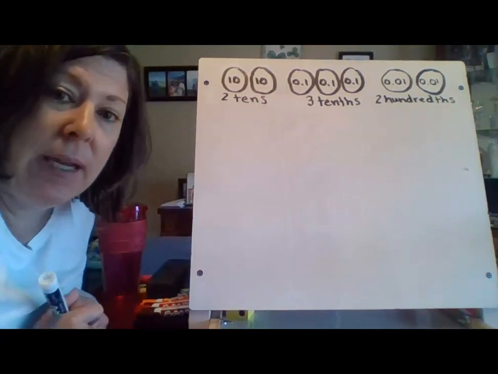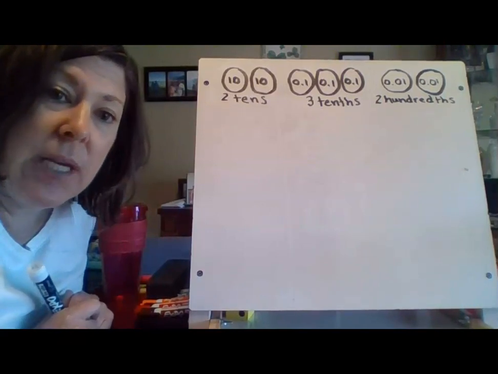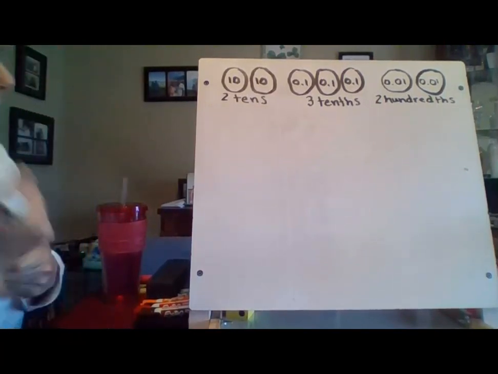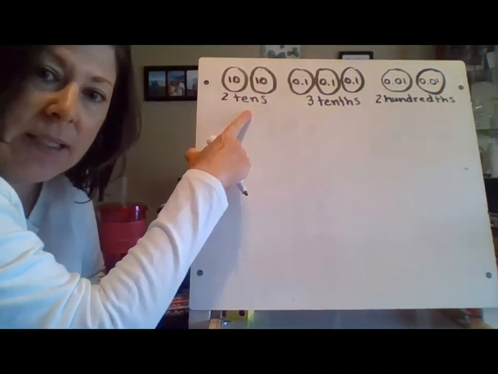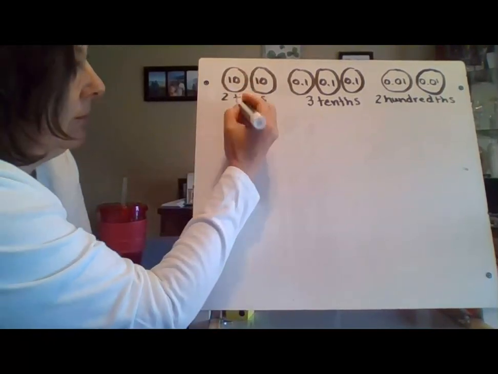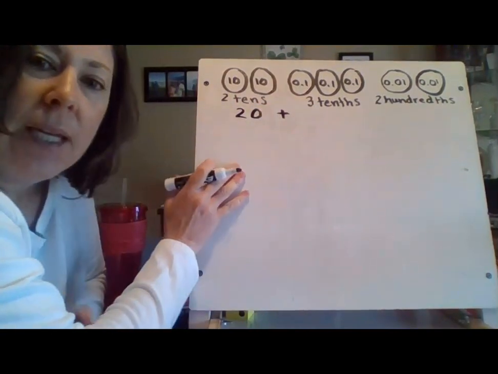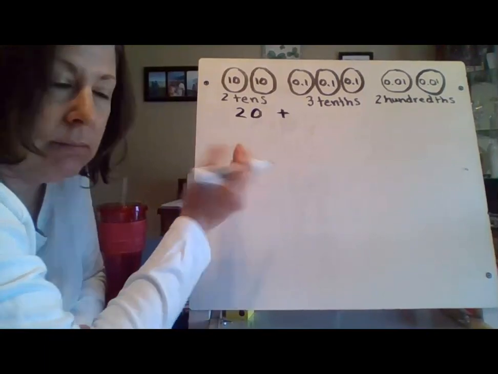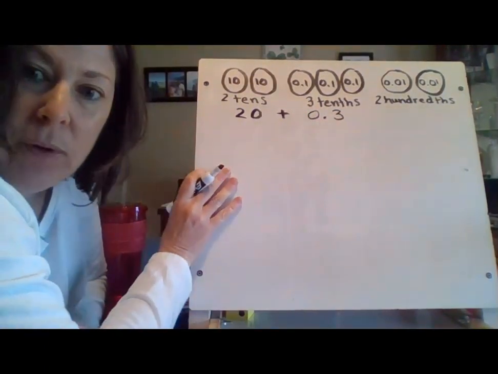So in our example, we have to use these place values that we've been given, and we have to write a decimal number. The first value I have is 2 tens. Well, 10, 20. The next value I have is 3 tenths. Well, 0.3.